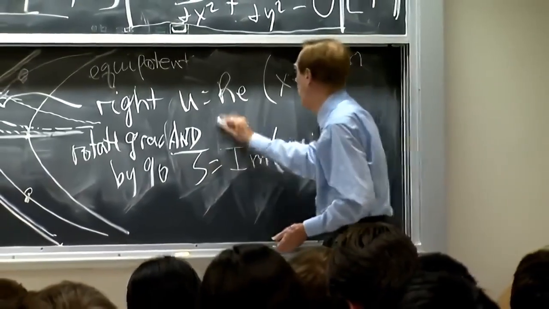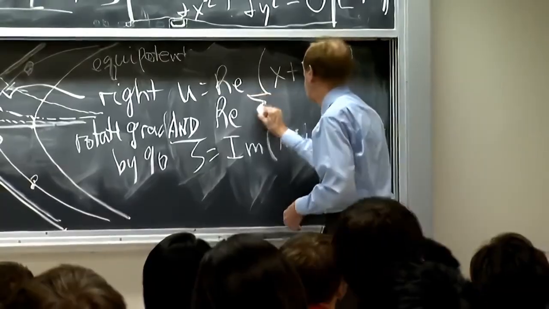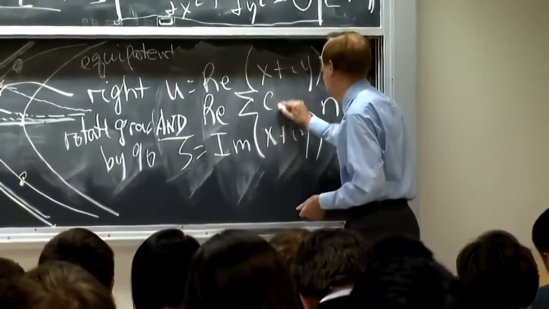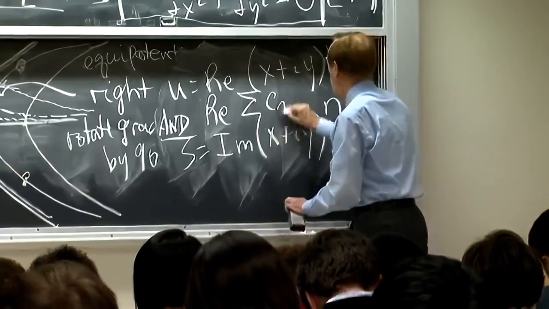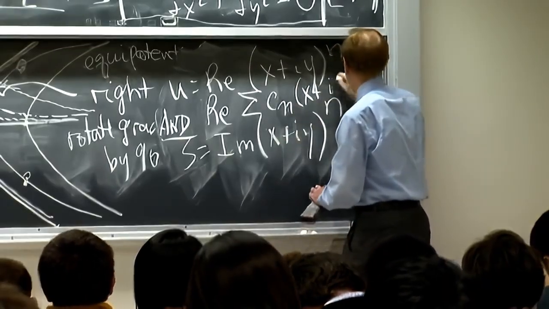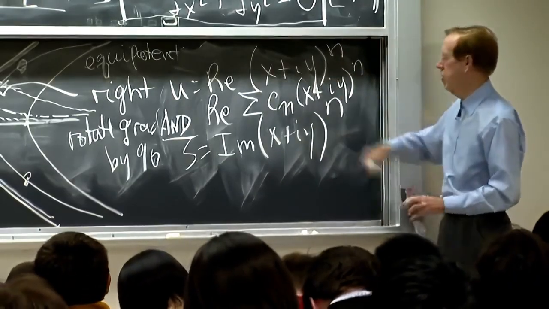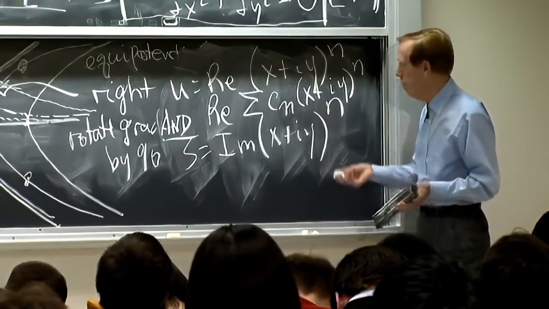The real part of any combination of these. So I can take coefficients c_n, x plus iy to the nth. So if I take a combination of solutions with coefficients c_n, I still have solutions.